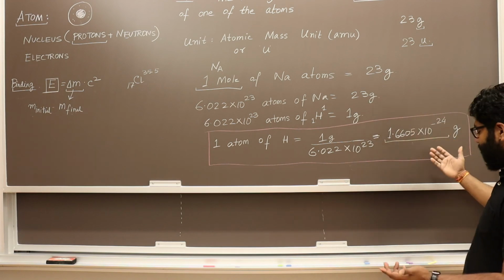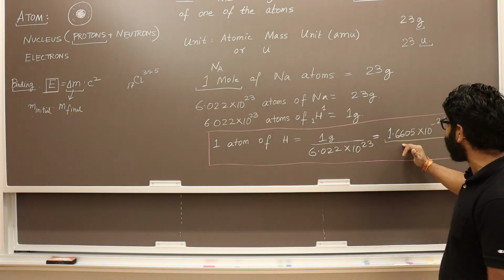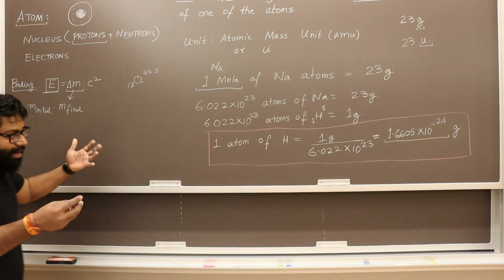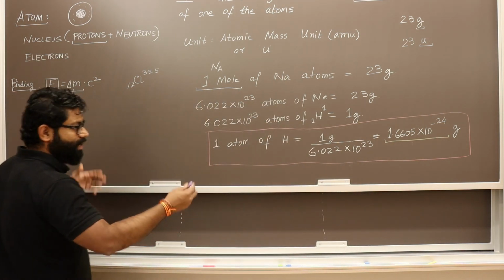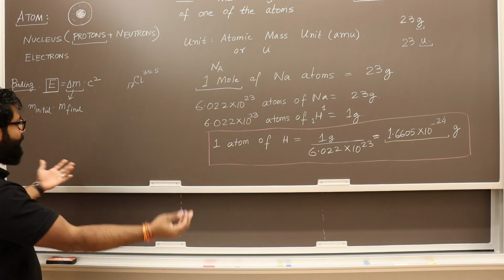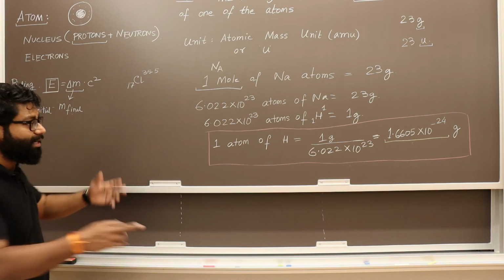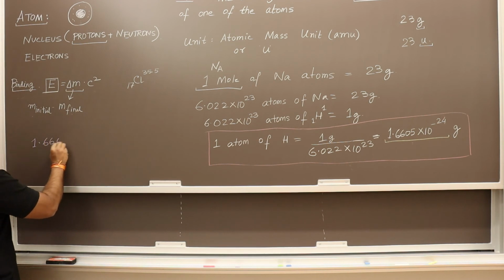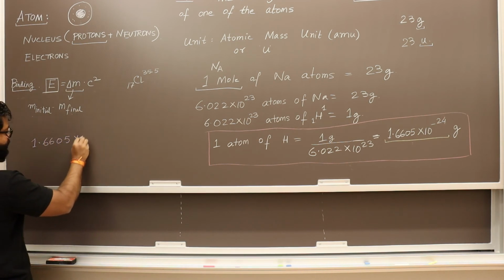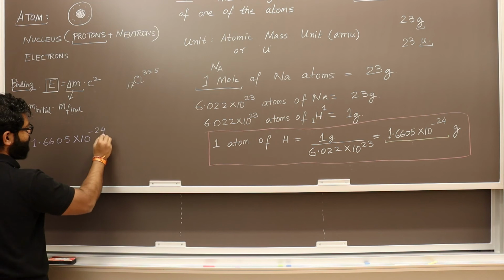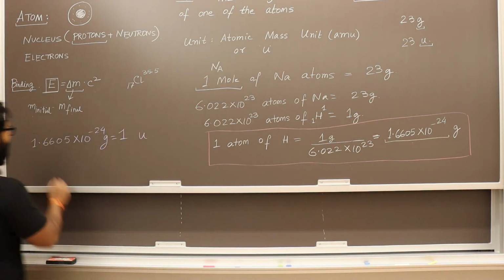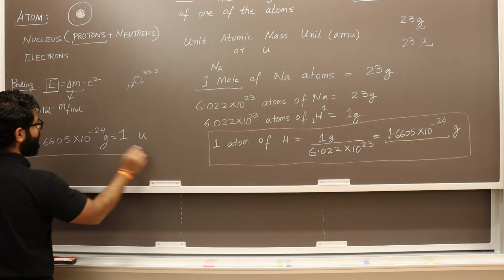So this is a big number. Why not define another unit in which 1.6605 into 10 to the power minus 24 grams is basically one atomic unit?